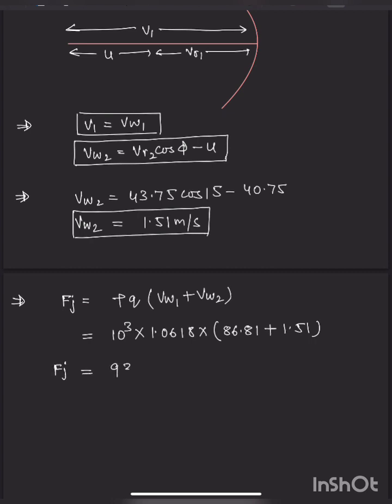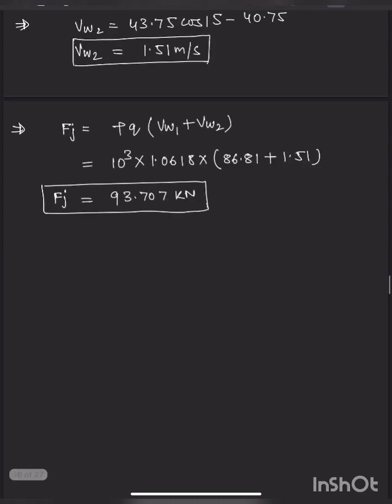So Fj is equal to 93.707 kN. This is for each jet.